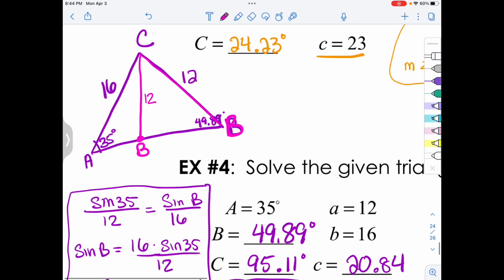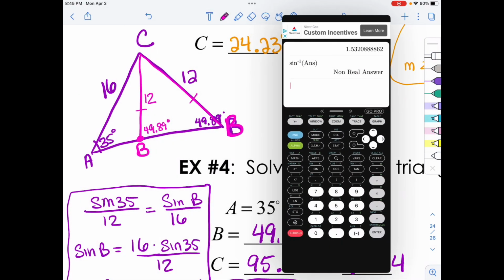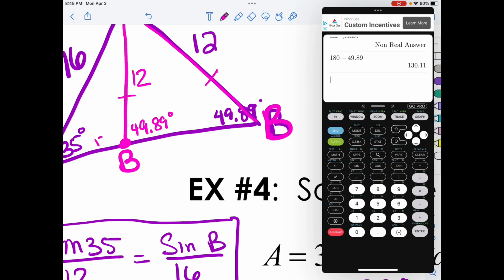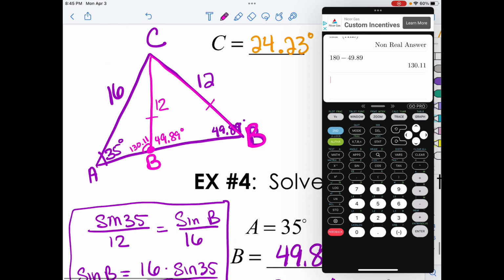If that's the case, we think of this as an isosceles triangle, which it is, and the 49.89 degrees is on the outside of the triangle. So in order to find that other angle, we have to do 180 minus the 49.89, and that's where we get 130.11 as the obtuse angle.